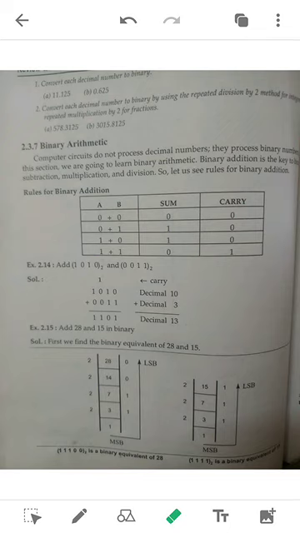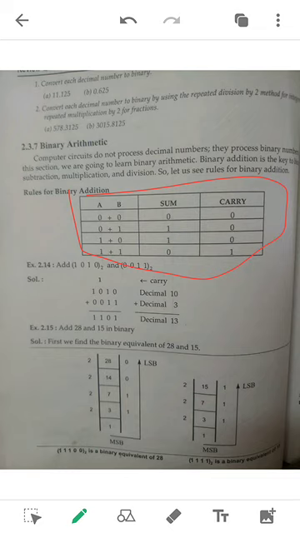Here you can observe the table. This table gives the rules for binary addition, how to perform the addition of binary numbers. For performing the addition of binary numbers, you must follow these rules.